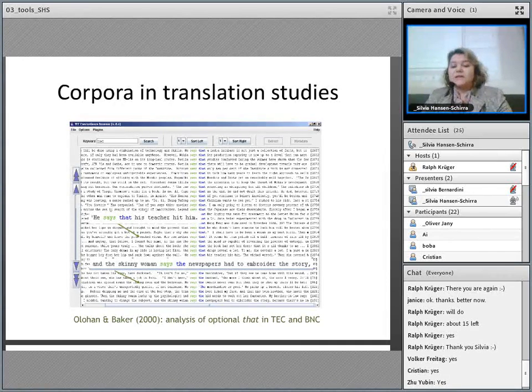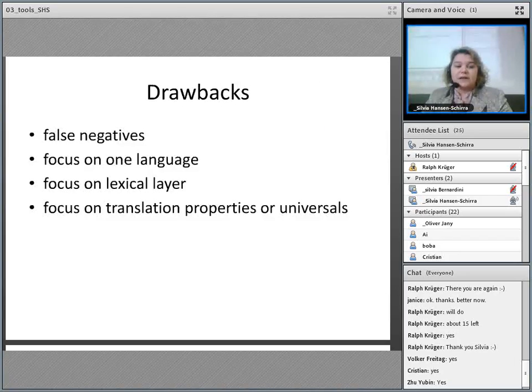So we started working with annotated corpora. The drawbacks are that you have a lot of false negatives, the focus is on one language, the focus is on the lexical layer only, and the focus is on translation universals or properties instead of translation strategies, which we would like to have as well.